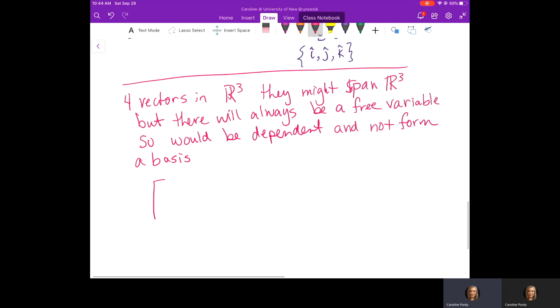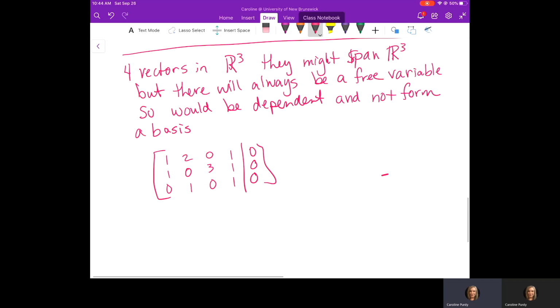So for instance, if I took any 4 vectors and I augment it, I'm not going to go through and row reduce this, but they might span R3 because you could have a lead 1 in each row, but you can only have 3 lead 1s at most. Like at most, you would have a lead 1 here, here, and here. And this 4th row will have to be a free variable. You can't get another lead 1 because there's not a 4th row. So this will never form a basis.